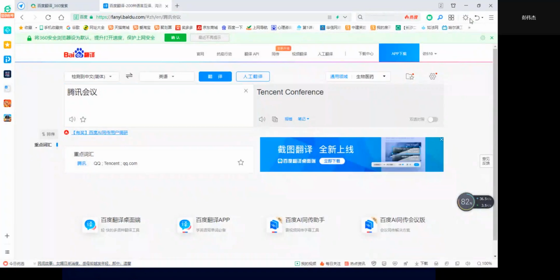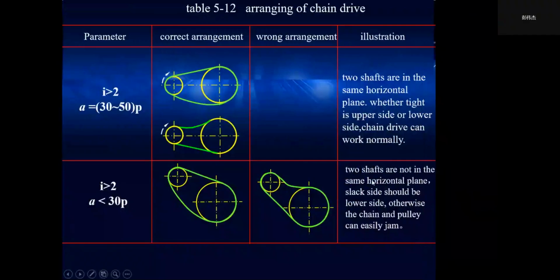What's wrong? The slack side should be the lower side. Otherwise, this is the wrong arrangement. Otherwise, the chain and the pulley can easily jam.